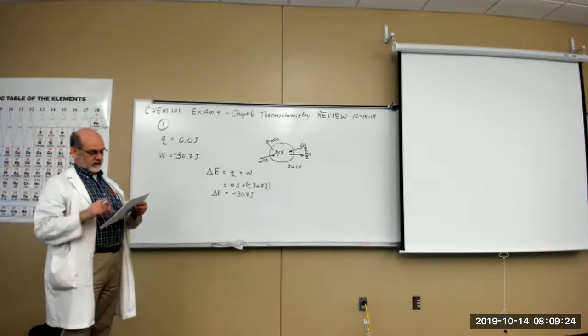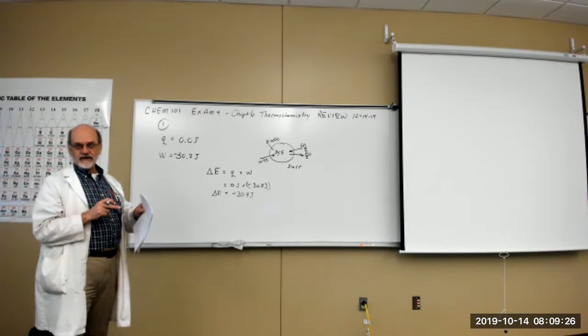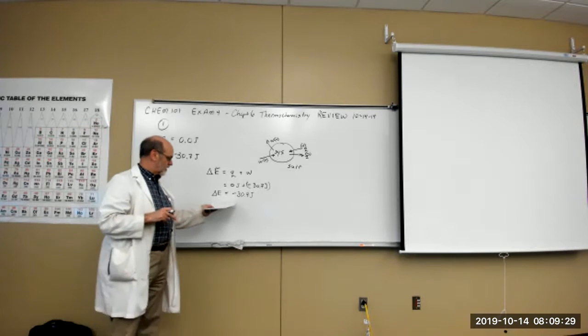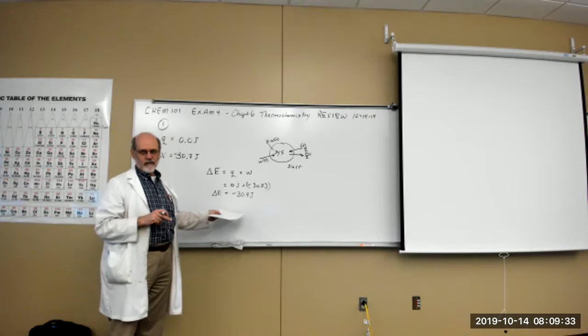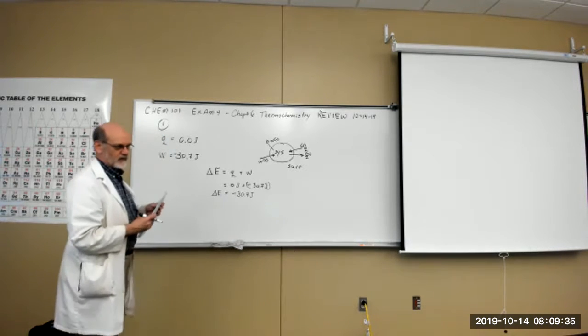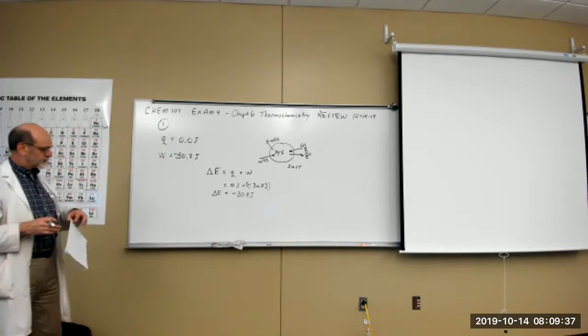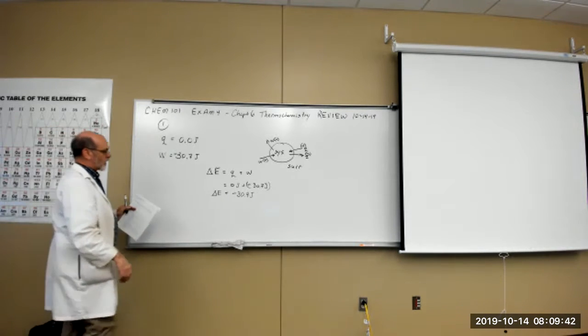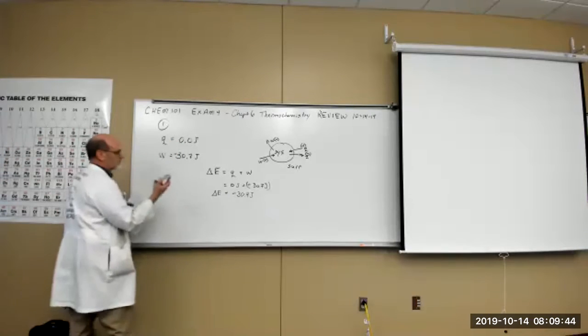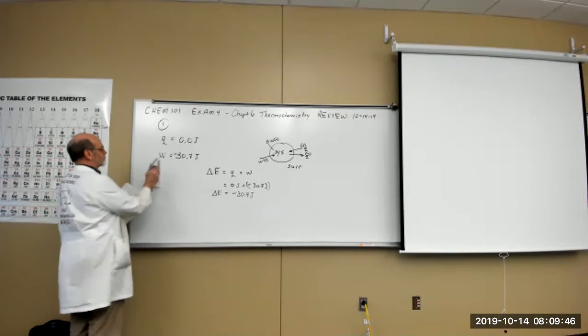So we put that positive 30.7 in there because if you don't watch your signs, you can think that's the right answer when it's wrong. Okay, so signs are very important when we're dealing with work and energy transfers. Questions about that? All right.